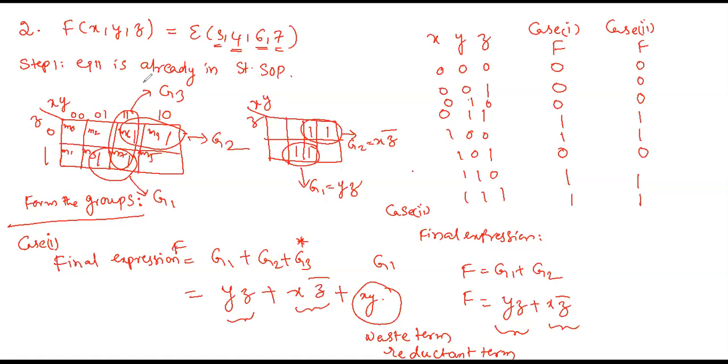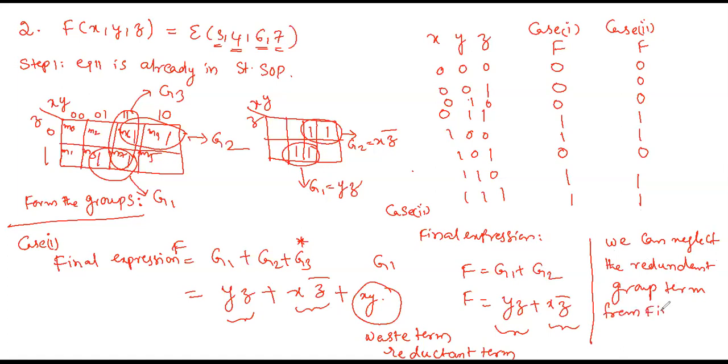So from this exercise, what you need to understand is, we can neglect the redundant group term from the final expression, because it does not affect the result.